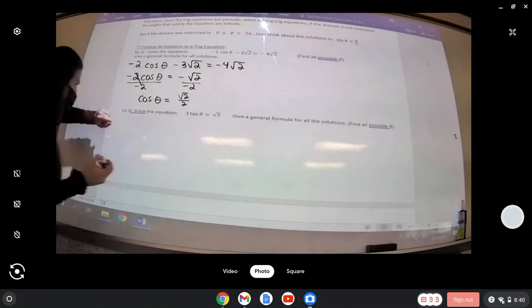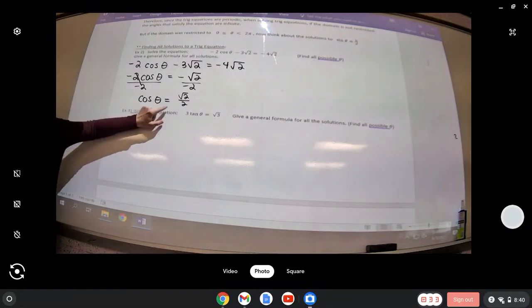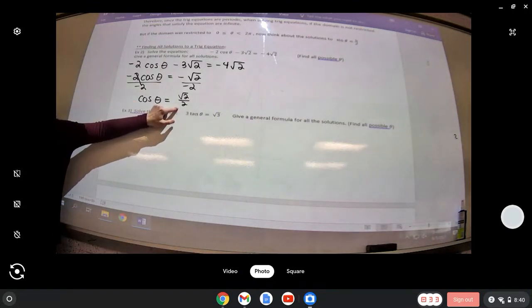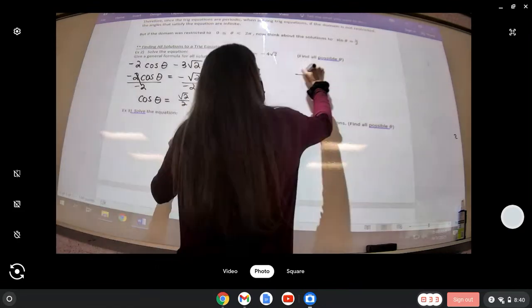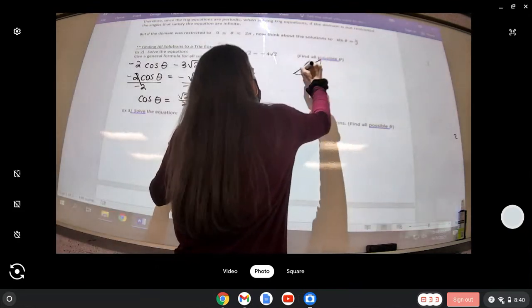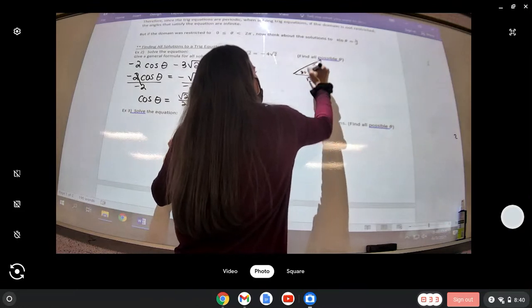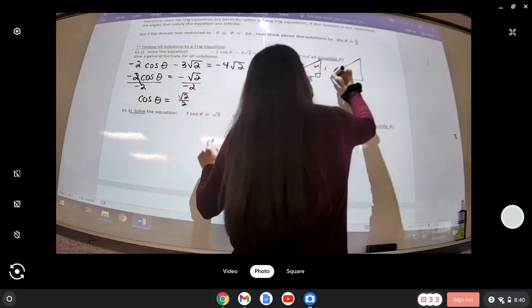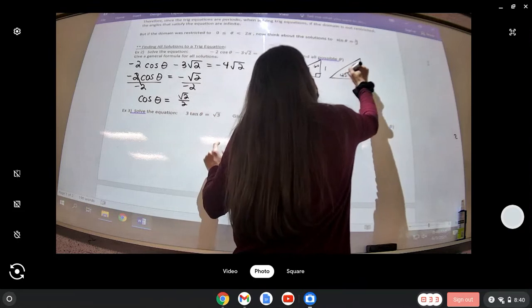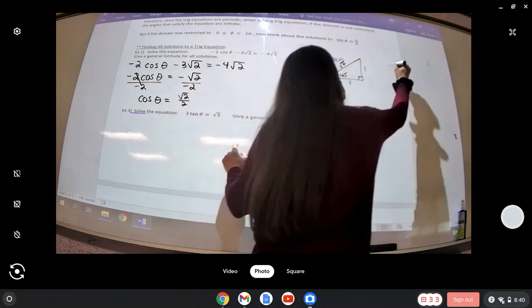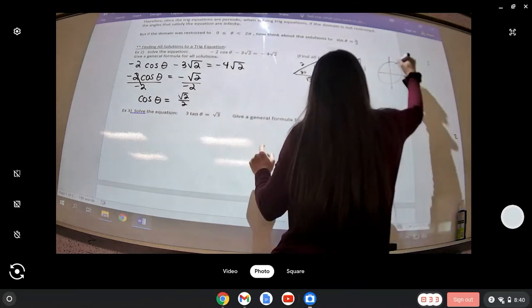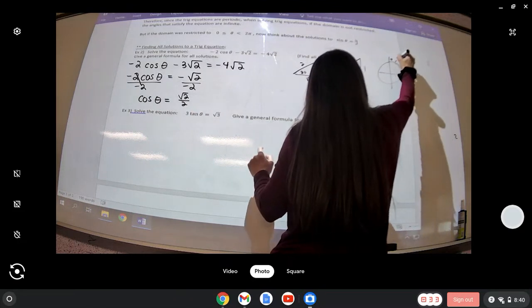All right, so guys, the cosine of what angle has root 2 over 2 as its ratio? If you have to, draw your special triangles. They should always be on your mind. Keep the unit circle handy for your quadrantals.